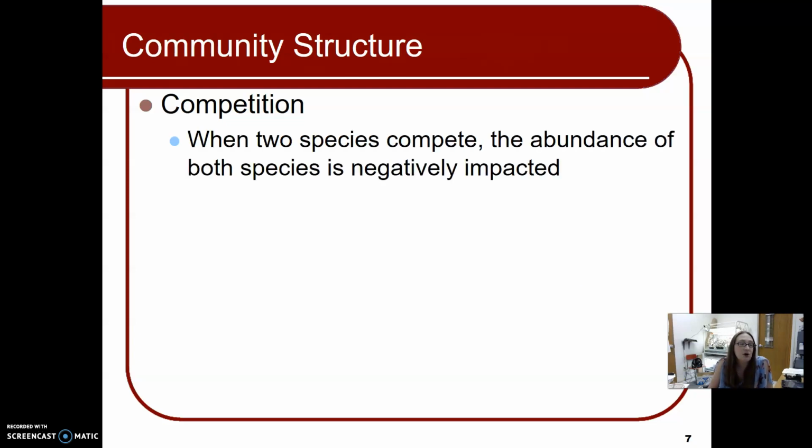Species compete for all kinds of things. For habitat, which is the area they live, they compete for mates, they compete for food, the territory. That's kind of within a species. And when two species compete, the abundance of both species is negatively impacted.